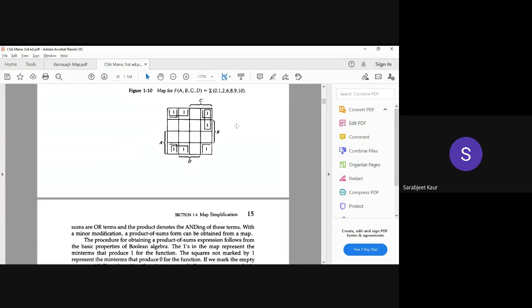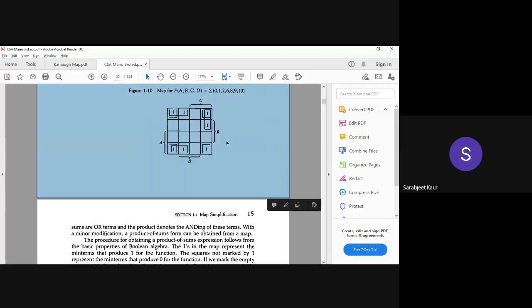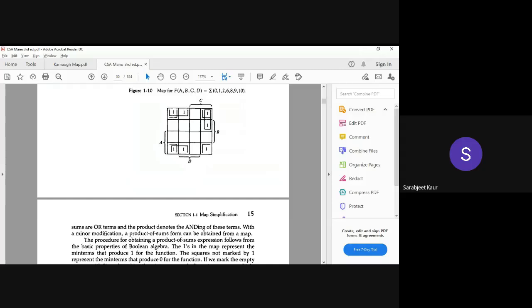Because we had discussed that a min term and a max term are duals of each other, that is, complements of each other. Yes or no? Now, these are min terms, okay? And zeros represent what? The max terms. That is how you pick them from the truth table as well.